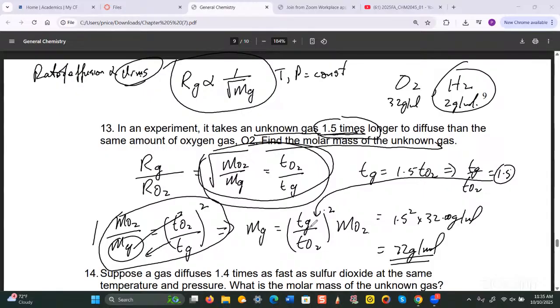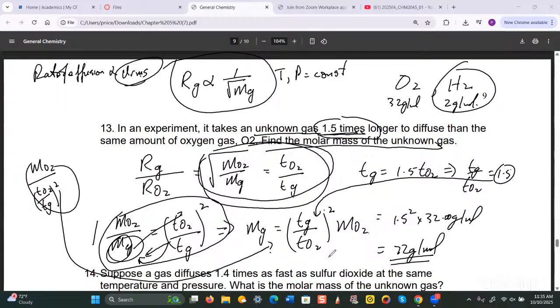Remember, the aim is to get Mg. You want to isolate Mg by itself. So I brought this fraction underneath, this Mg up here, right? So you're going to end up with MO2 over TO2 over Tg squared. And then this would be equal to this here. So I basically skip this step right here, and then I put the numbers in.